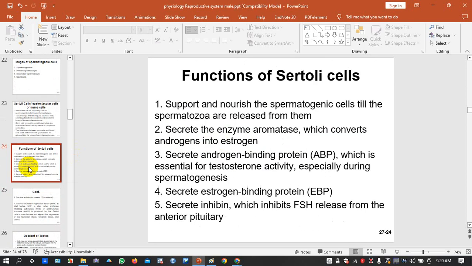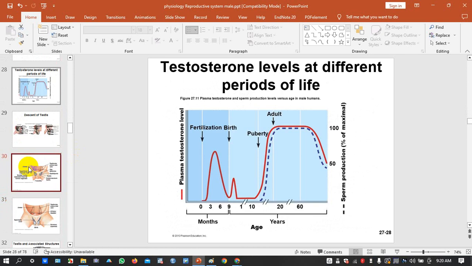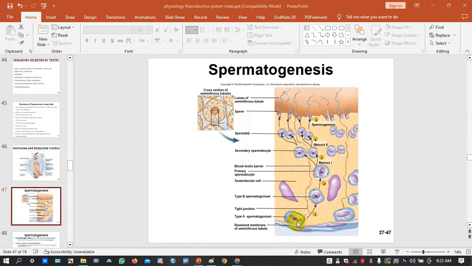So let's go and see the stages of spermatogenic cells. We have the type A spermatogonium and type B spermatogonium, which then matures into the primary spermatocyte. So type A spermatogonium will divide into two, and one will become type B spermatogonium, and one will be left behind.